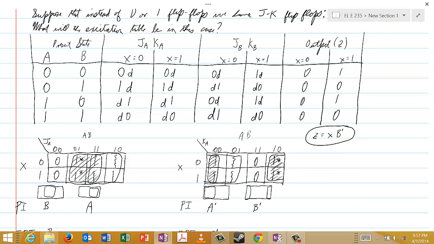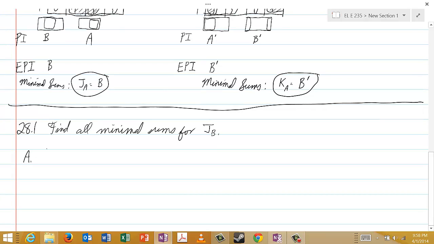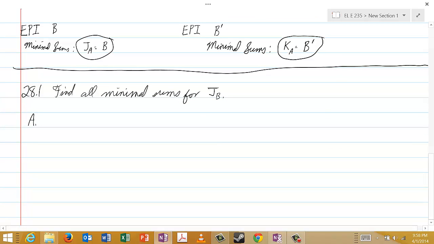Find all minimal sums for JB. Actually, I guess I'll list these vertically. So we'll have A, B, C, and D.